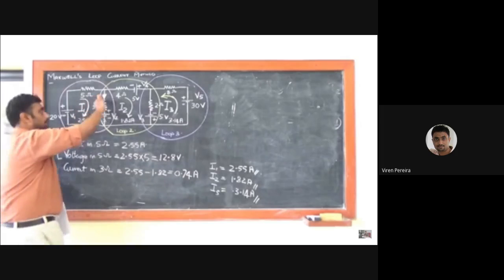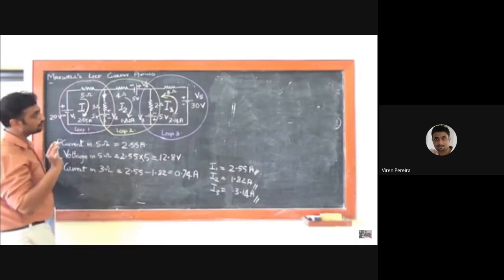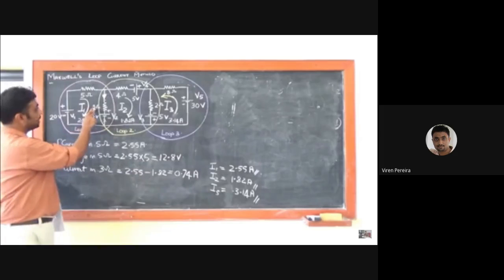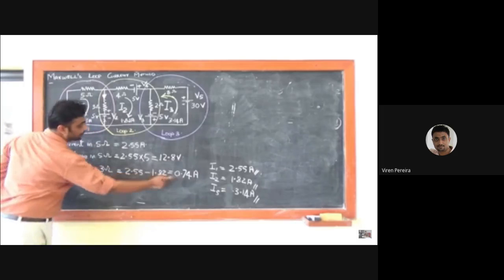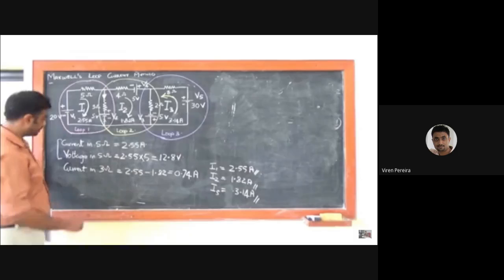Now if I want to find out the voltage across this resistor, again I have a formula through Ohm's law which states that V equals I into R. I have my resistance value, I have my current value. So I have my current of 0.74 and I have my resistance of 3 ohms.